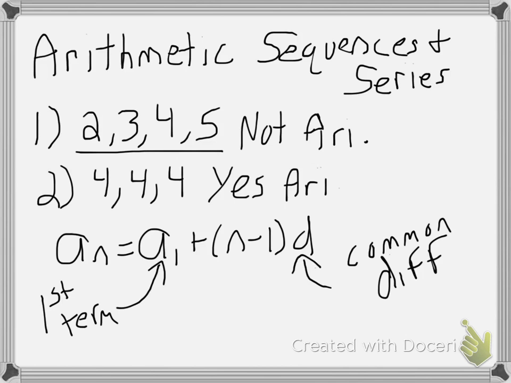So let's go ahead and try a couple of these out. For number 1, you have the sequence 2, 11, 20, 29, and 38. It says to write the rule and then find a sub 15. You should know that a sub 15 is the 15th term, but in order to do that, we need to find the rule.